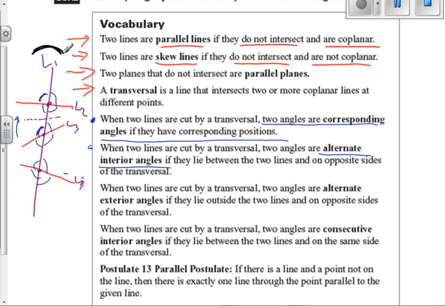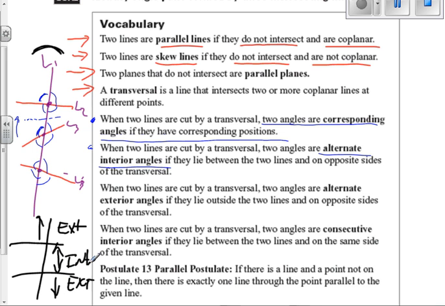Interior means when you look at your two lines, exterior would be above one of my lines and also below the other line, and therefore everything that is in between my two lines is what we call the interior. So I am looking at the alternate on both sides of the transversal, interior, which means it's in between the two lines. So this angle right here is alternate interior.